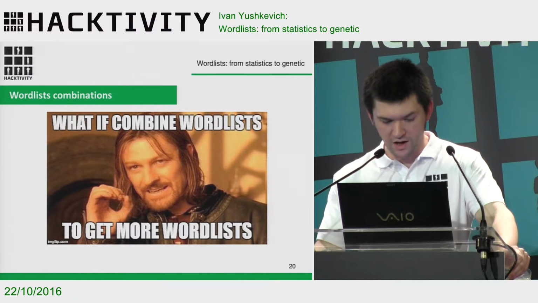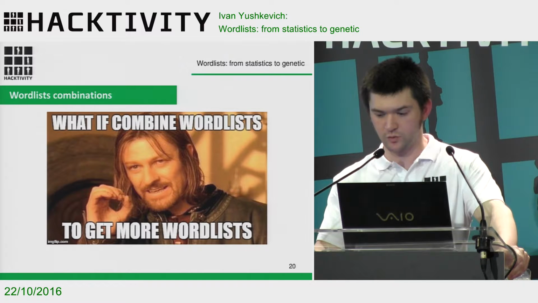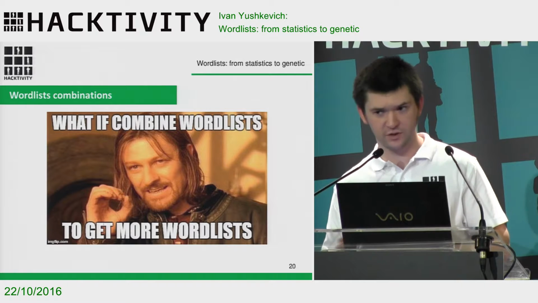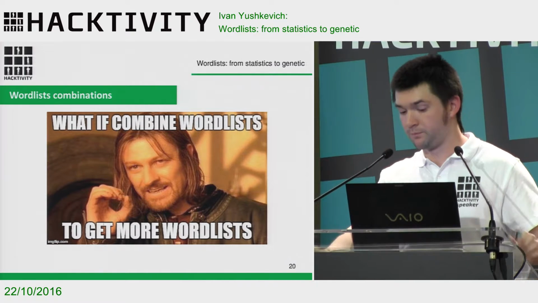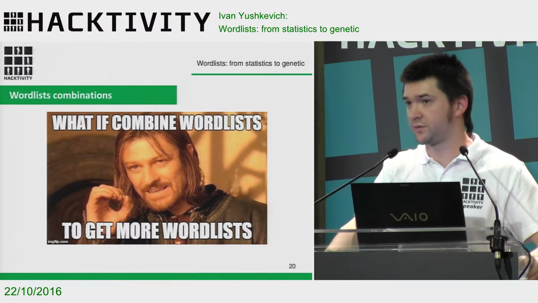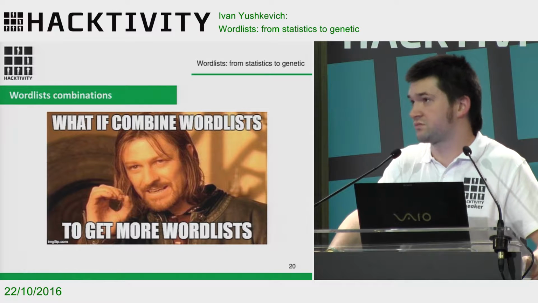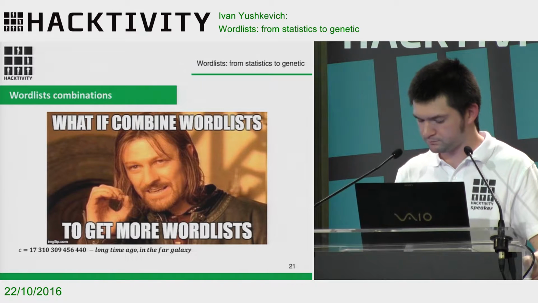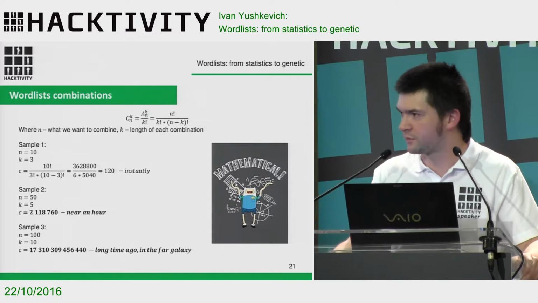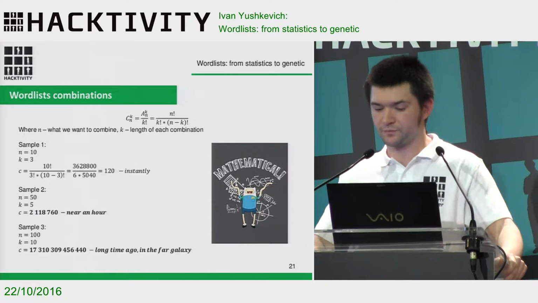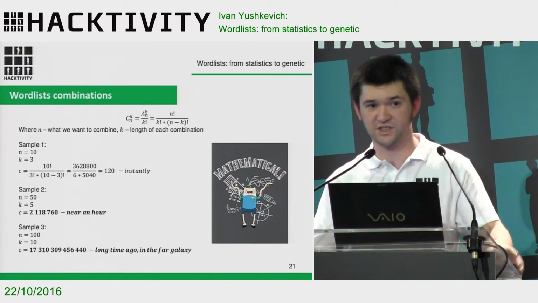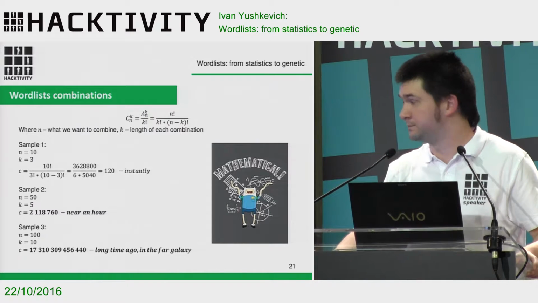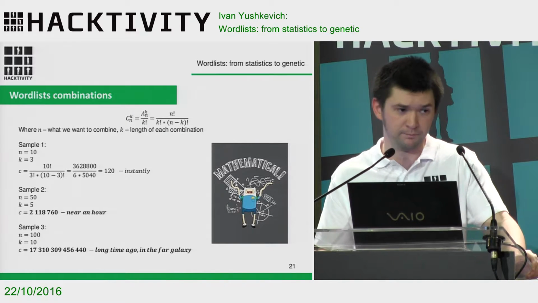So, what if we pick some small dictionaries, make some combinations between them, and get better dictionaries with the benefits of each other, and it also must be a small dictionary, so why can't we do so? Let's make some calculations. If we have, for example, 10 dictionaries and try to make each combination which contains only 3 of them, there will be no problem.